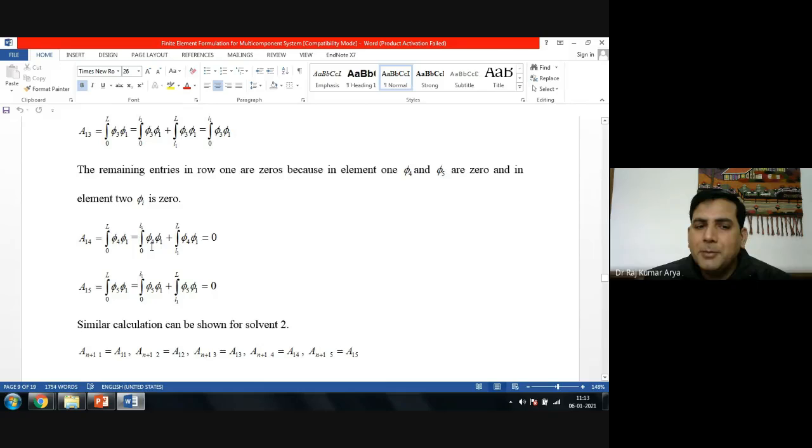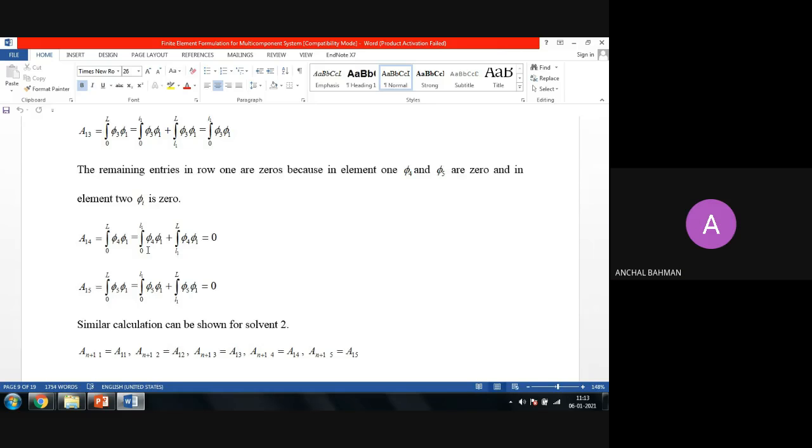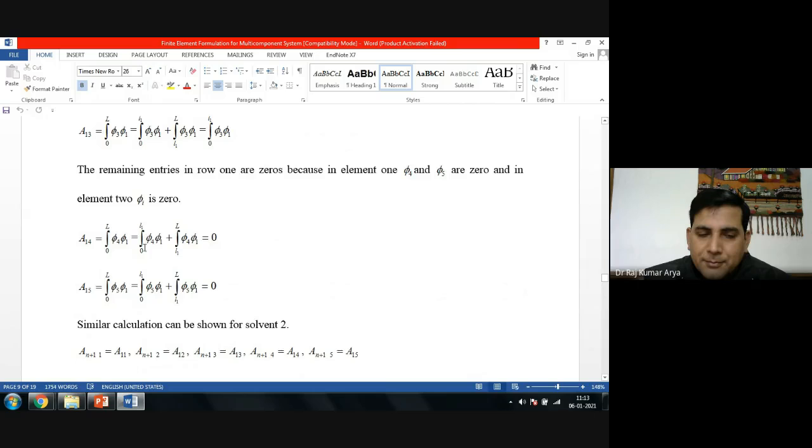It is not. Phi 4 is not getting extended into element number 1. Only phi 3 is getting extended into both the elements, correct? So you don't have phi 4 in element number 1. Therefore, first term would become the 0.